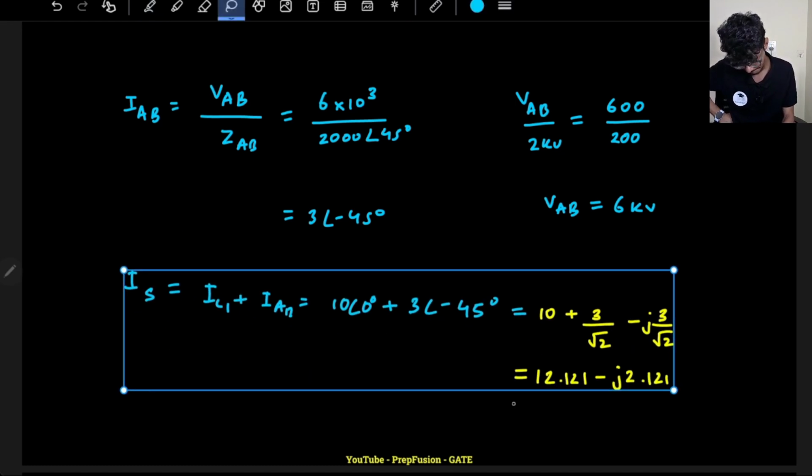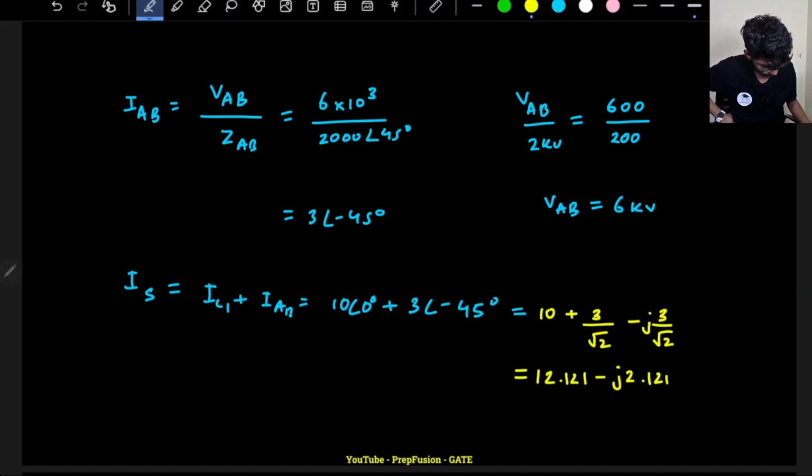So if I just calculate the overall values, it will be 12.30. Angle will be tan inverse of 2.121 divided by 12.121. So angle will be simply almost minus 10 degrees. This will be the secondary current.